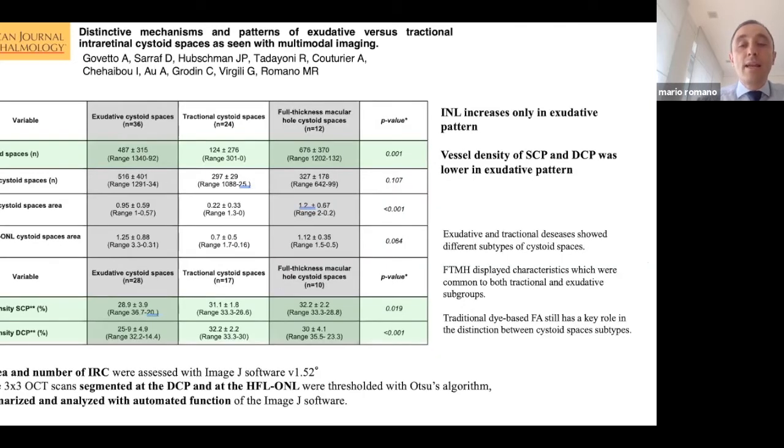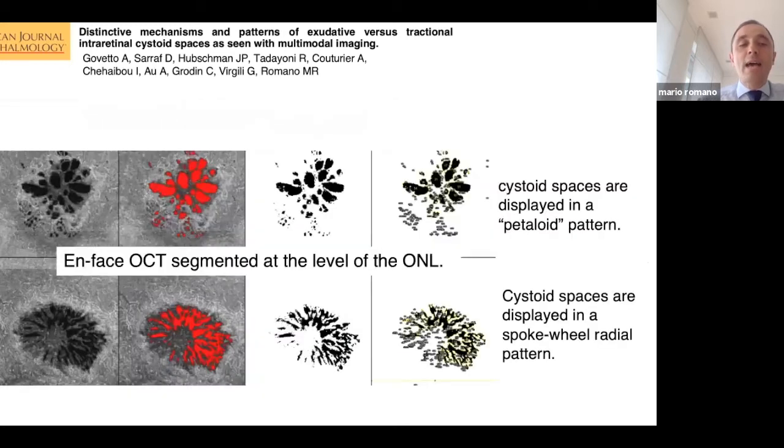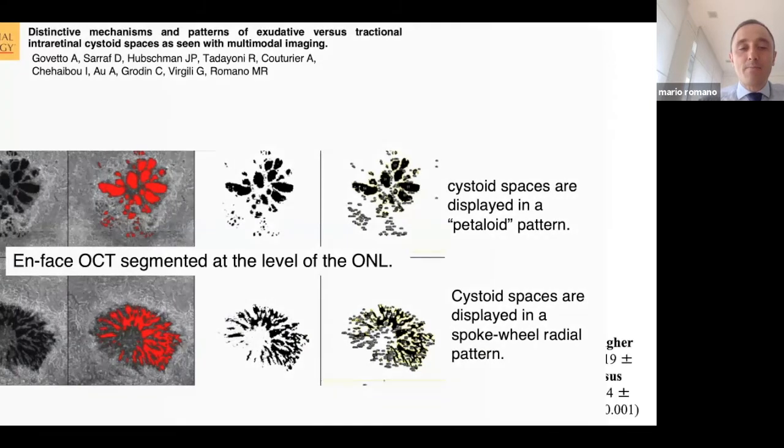Inner nuclear layer increased only in exudative pattern, and the vessel density of superficial and deep capillary plexus was lower in exudative pattern. And at en face OCT, segmented at the level of outer nuclear layer, we can describe in exudative form a petaloid pattern, and in tractional form, we can describe the spoke-wheel radial pattern.